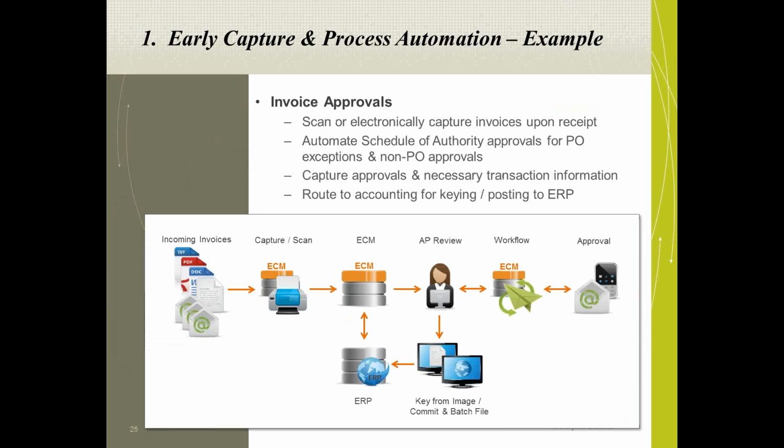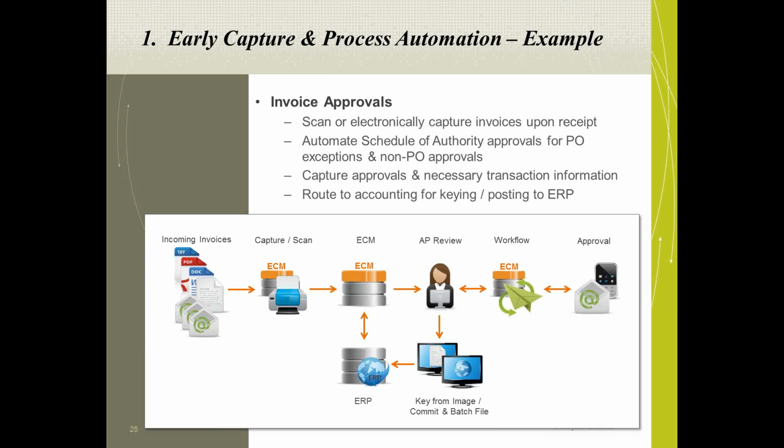The next slide I want to walk through is a very high-level look at what that process might look like. As those invoices arrive either electronically or via paper, they're ingested, captured electronically, or scanned if they were truly paper, into that ECM, moving left to right. At that point, in one scenario, and this is all process-driven by your organization, those could be presented to that AP specialist for review.